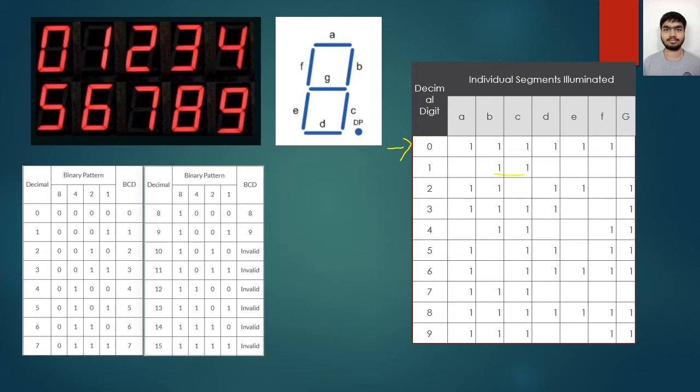For 2, A, B, and not C, then D, E and then G. These should be lighted and the rest should not be lighted, and we will see that 2 is formed using these.